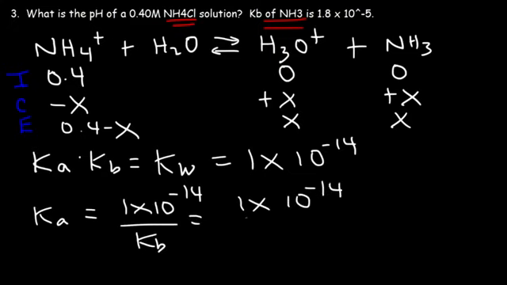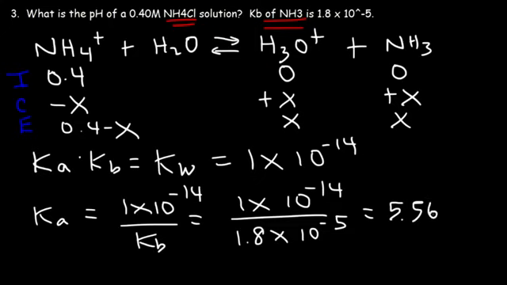And we have Kb, it's 1.8 times 10 to the negative 5. So let's go ahead and divide these two numbers. So this is about 5.56 times 10 to the negative 10. So now that we have Ka, we can write the equilibrium expression, which is going to be products over reactants.